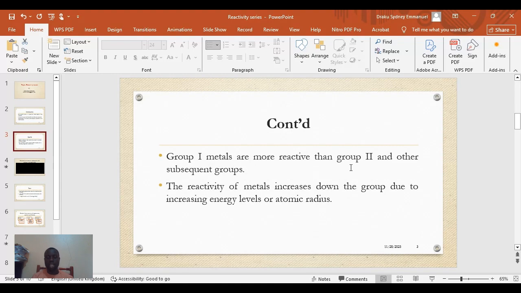So if the outermost electrons are tightly held by the nucleus, then the reactivity will reduce. When we go down a group, you realize that the reactivity of metals increases. This is because of the increased atomic radius, because of the energy levels which are being added. Consequently, the outermost electrons are loosely held by the nucleus and therefore are easily lost during a chemical reaction.